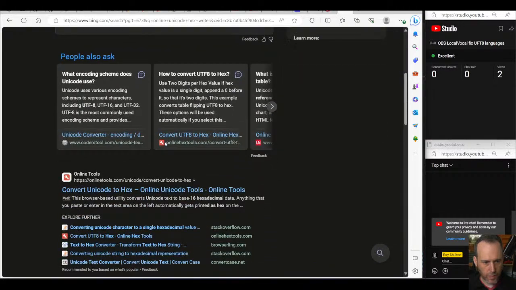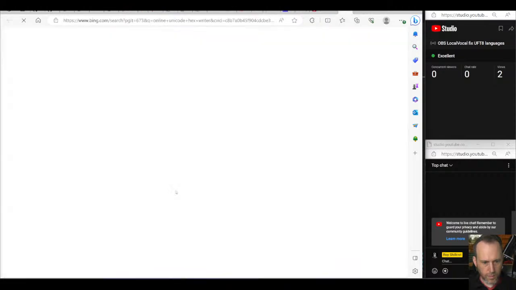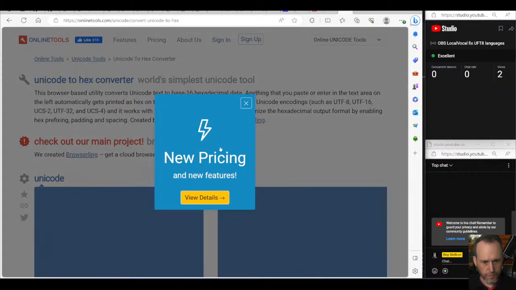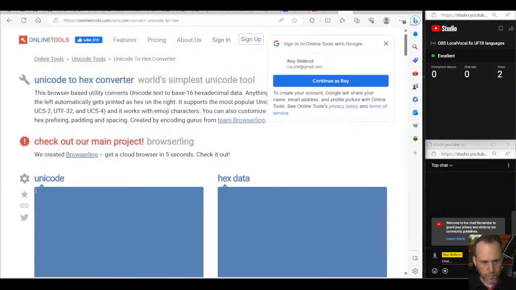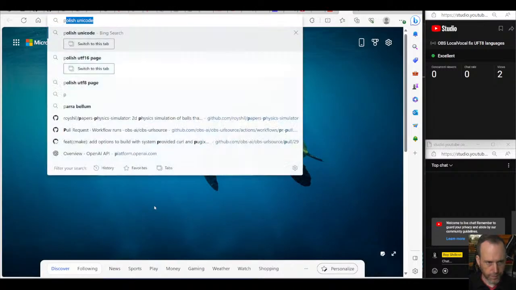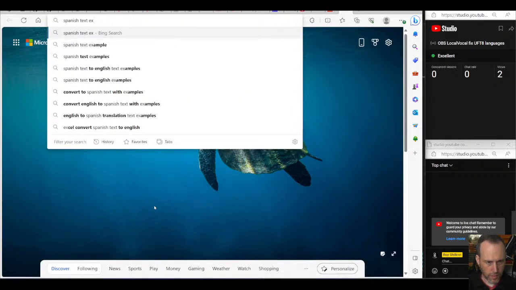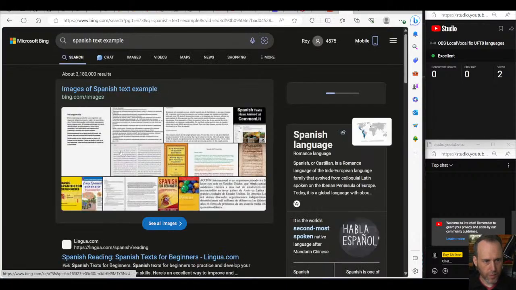It's kind of what I want. Data. Unicode. I need some Spanish text example.